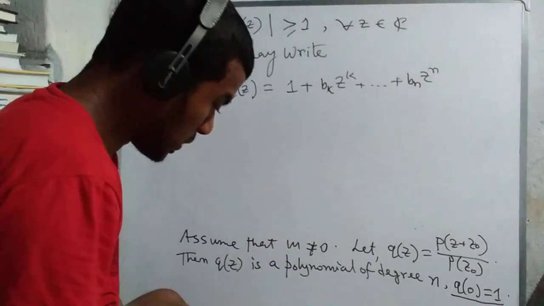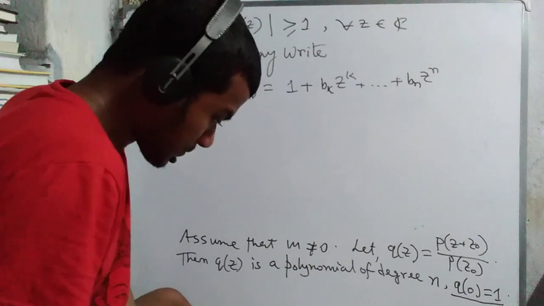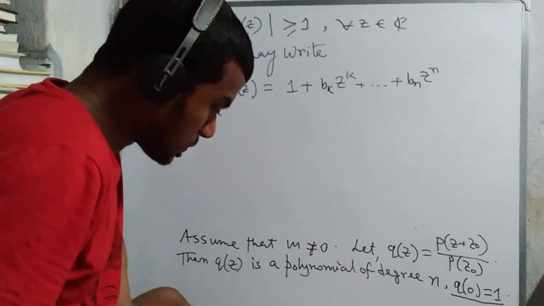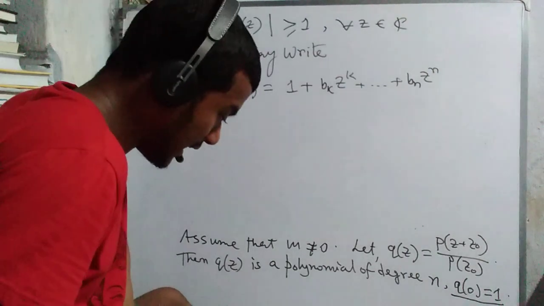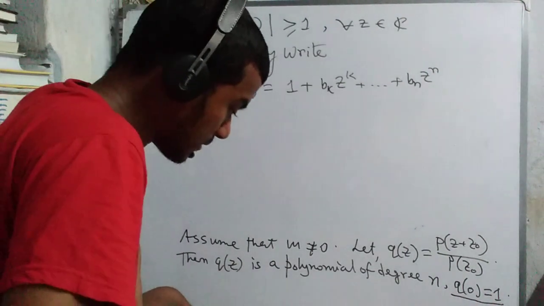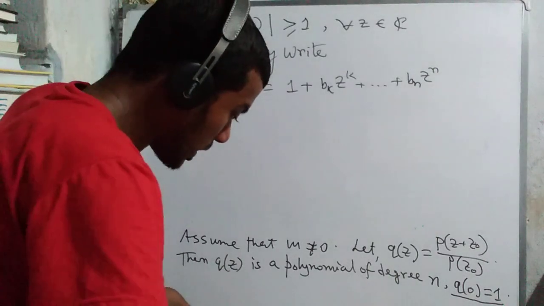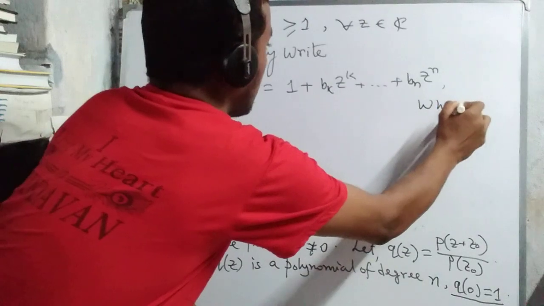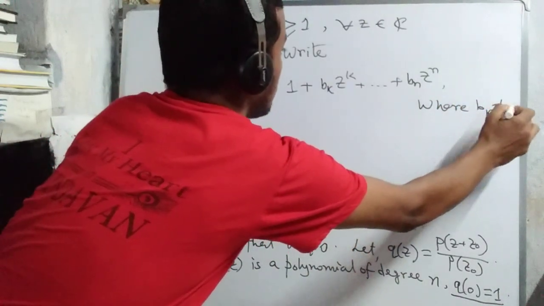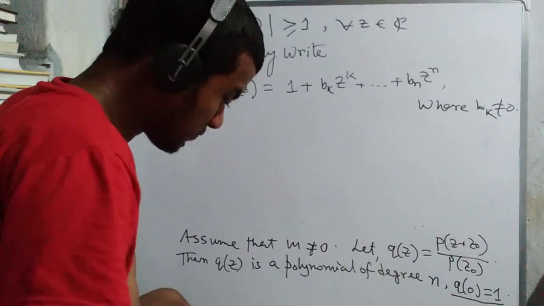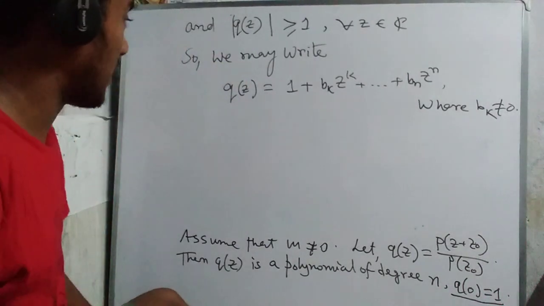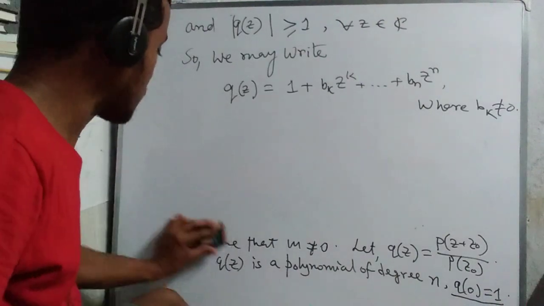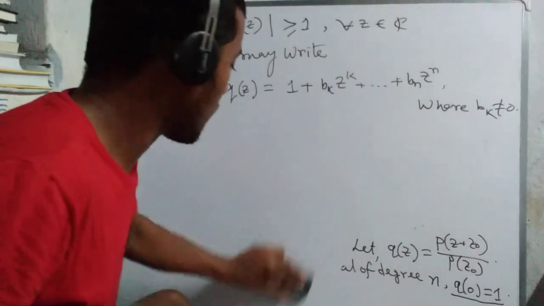Obviously Q(z) equals this, that means (P(z) minus P(0)) divided by P(0), and Q(z) is a polynomial of degree n with Q(0) equal to 1. So we write it this way, where b_k is not equal to 0. So we erase the lower portion and go on to further discussion.